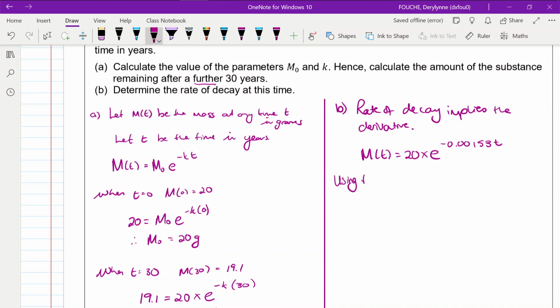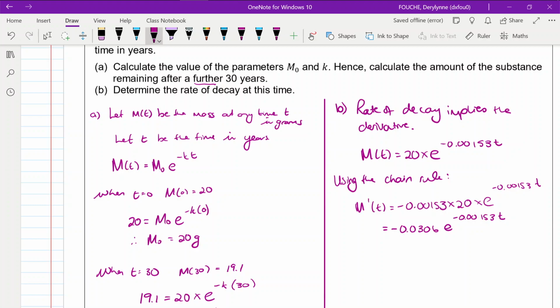So using the chain rule, m'(t) will be negative 0.00153 multiplied by 20 multiplied by e^(-0.00153t), and that is equal to negative 0.0306 e^(-0.00153t).